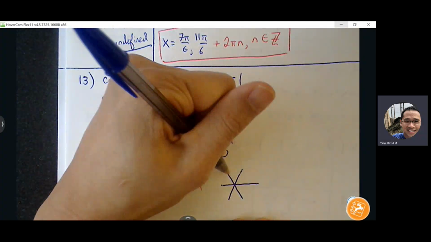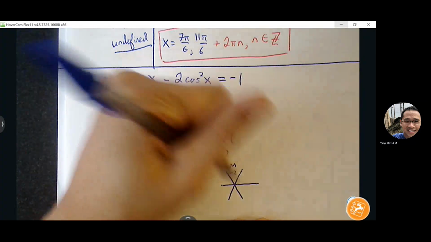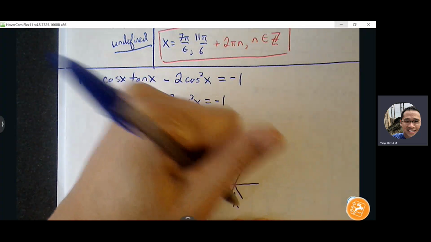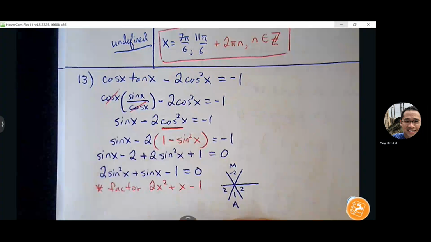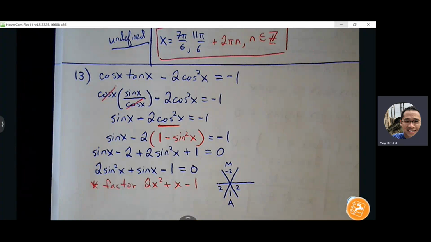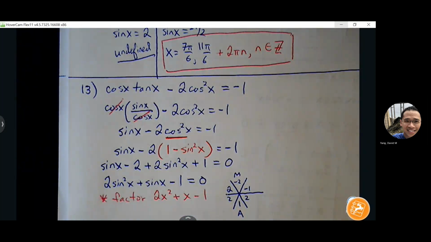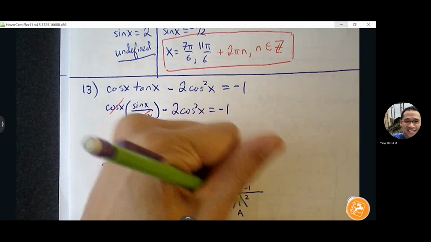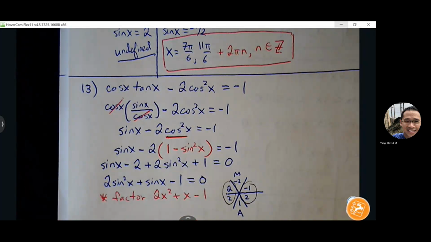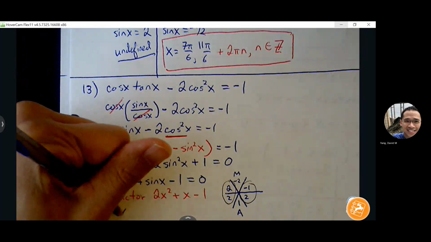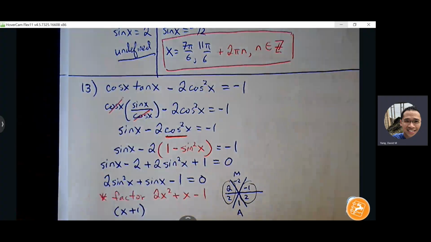Okay, multiplies to be -2. Adds up to be 1. What two numbers? 2 and -1. Reduce that fraction.